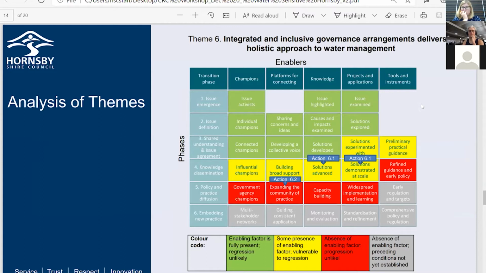By doing that, we did the traffic light assessment to see where we had some enabling factors present, where they were just present and potentially vulnerable to recession, or where they were completely absent. And from then we went through the process of identifying actions which specifically moved us towards more water sensitive practices. We assumed that where we already have that enabling factor in place, we'll keep doing that, but we put all our focus on actions which will move us to a more water sensitive practice.